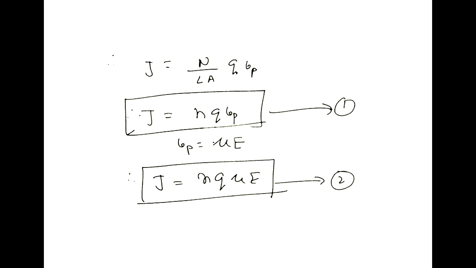So current density is the concentration of free electrons, charge of electron, mobility, and electric field.